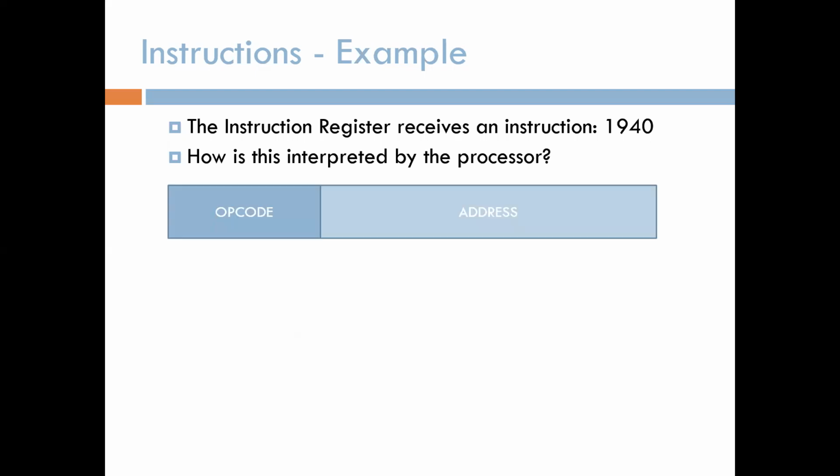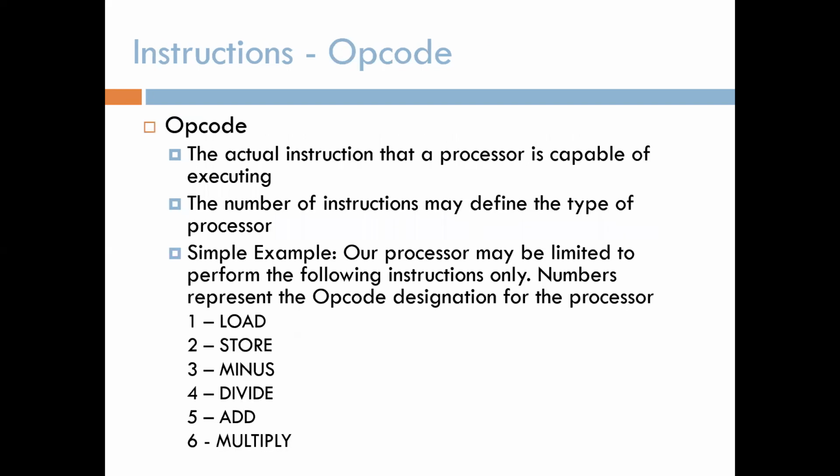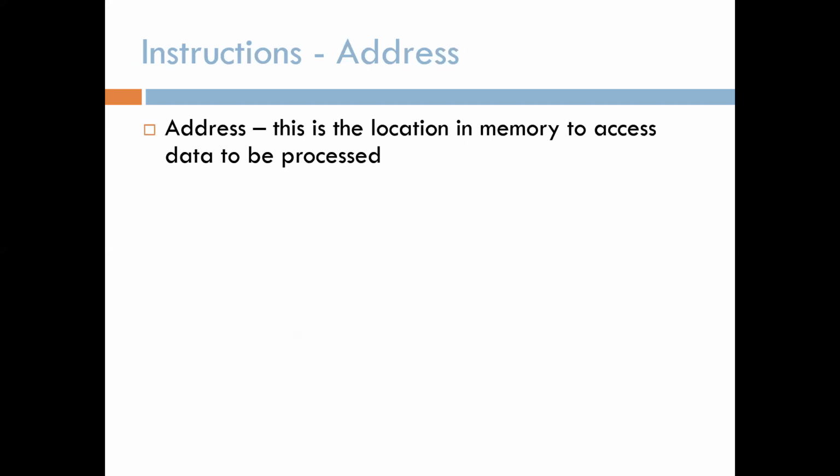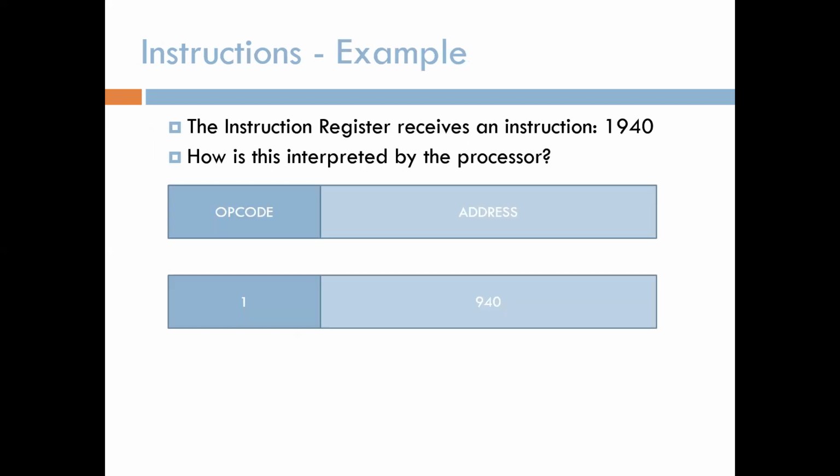It knows that it's made up of the opcode and the address, and the first part of it is the opcode. If we go back, 1, 2, 3, 4, 5, 6, 1 is load. Great. So the first part is an opcode, and it's 1.